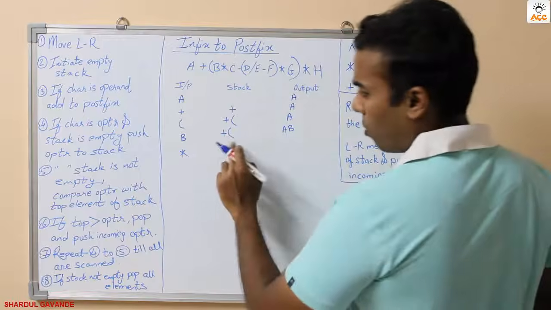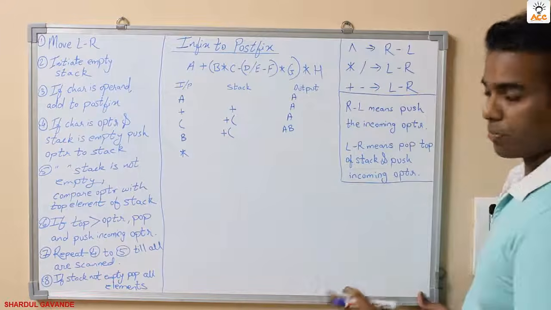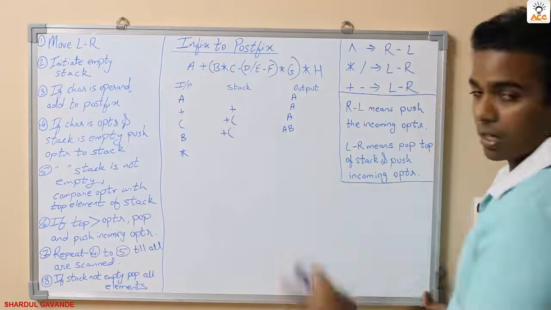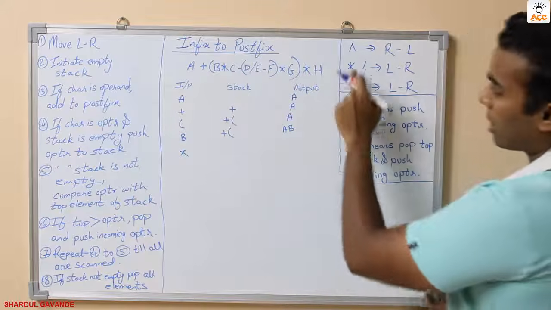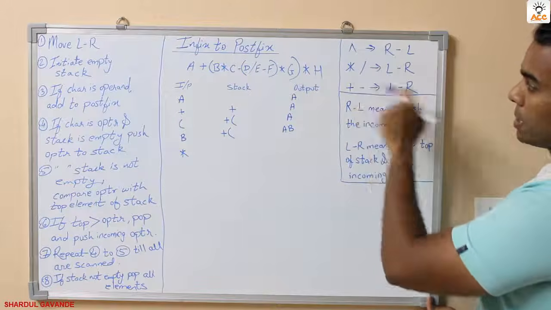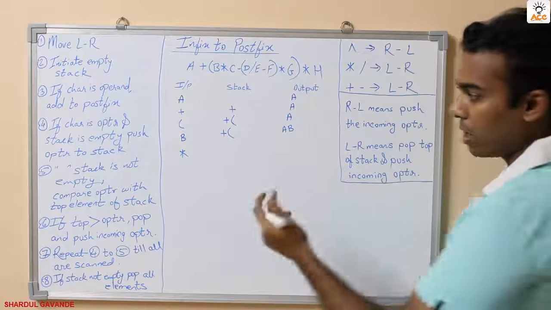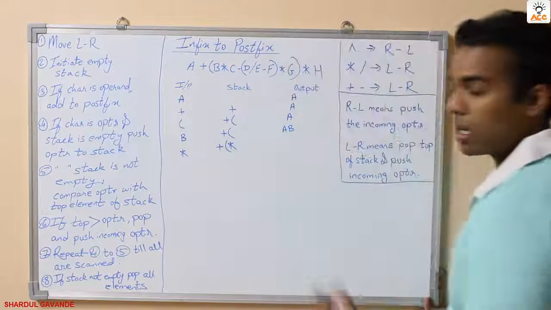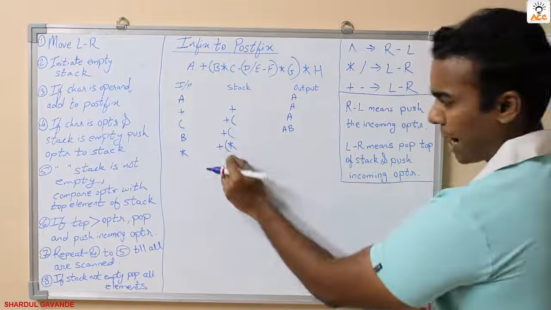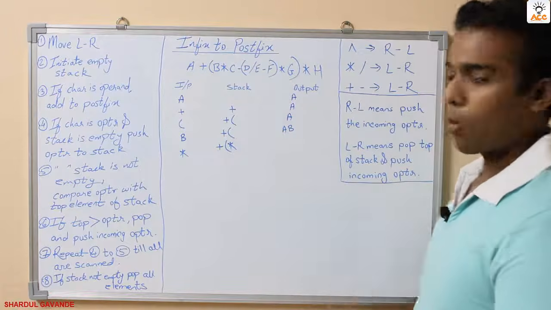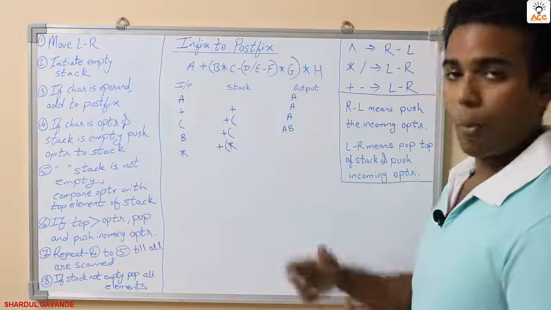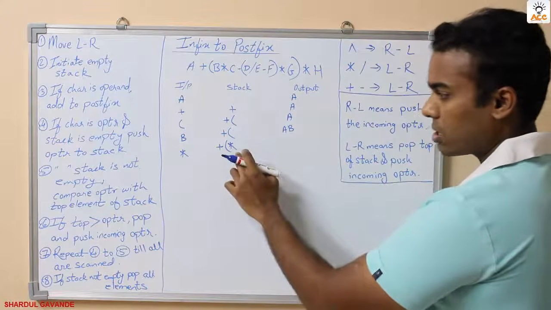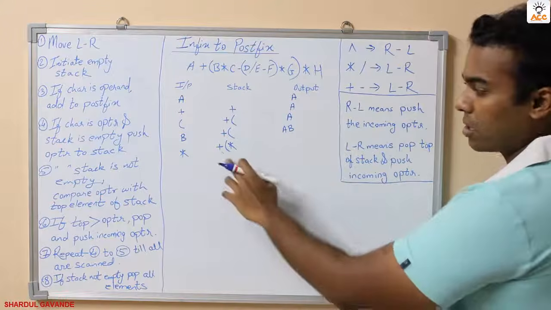Now what is the top element of my stack? This is open bracket. It doesn't matter, open bracket is nowhere in this particular precedence of operators. So we'll directly push the given operator. This bracket is an opening parenthesis, so it is not an operator, and we can directly push this star after this bracket.